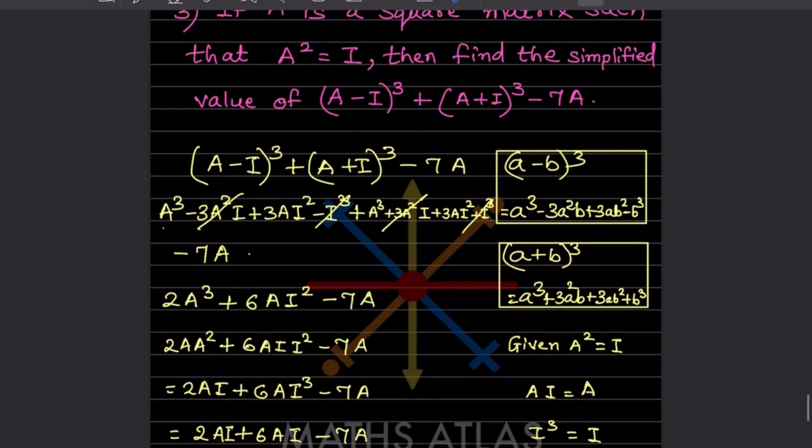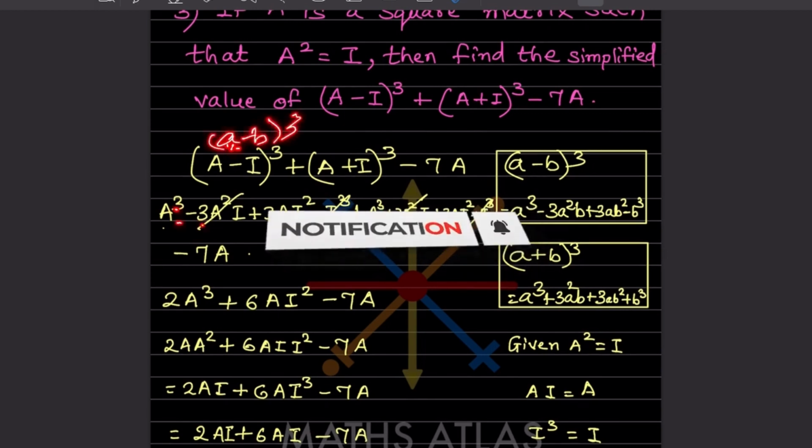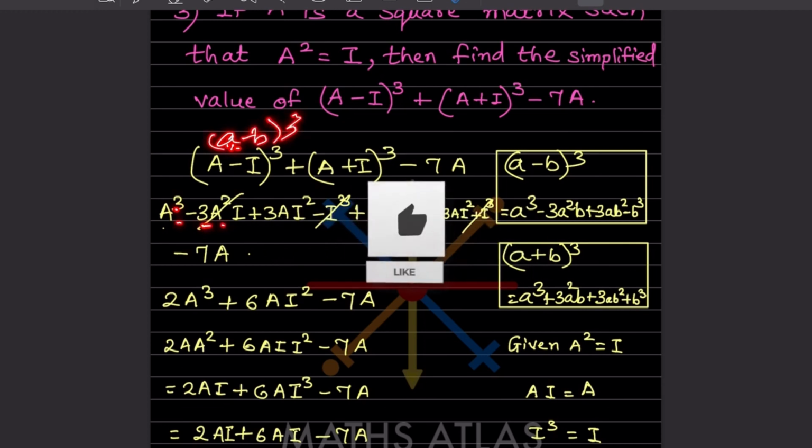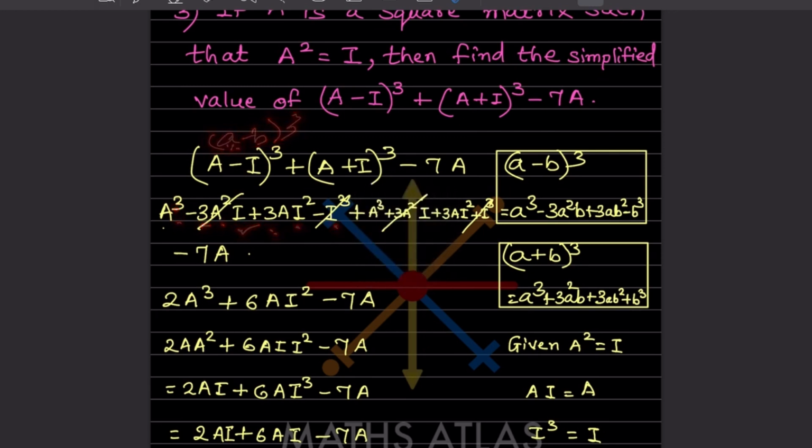So now let us expand this one. This is going to be A cube, this will be A minus B, and this is cube, so A cube minus 3A square, and in place of B there is I, 3A I square minus I cube. And for this one I have written over here, but this minus 7A I wrote down because I was short of space, because I did the rough work over here.